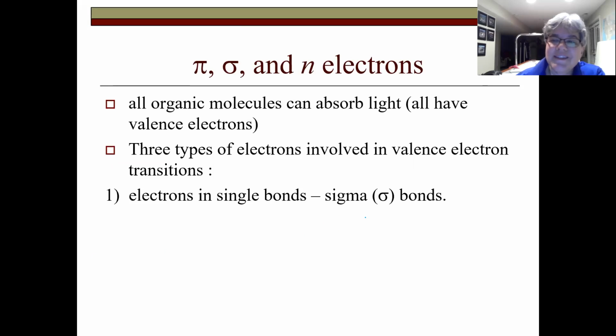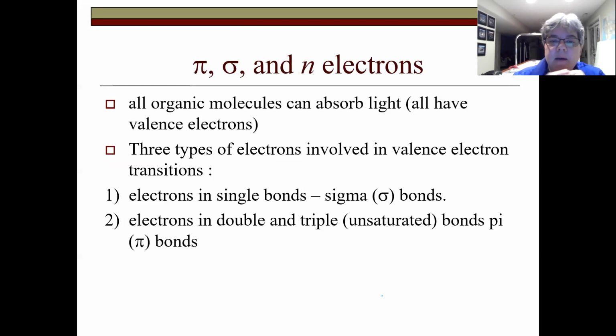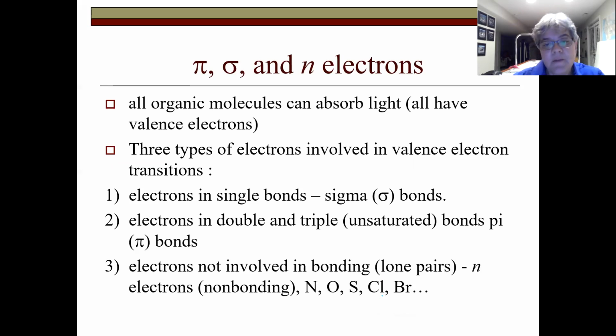So these are called sigma bonds. And then we can talk about electrons in double or triple bonds. These are called pi bonds. And then finally, we can talk about the electrons that are not involved in bonding, the lone pair. So these are the N electrons. These will be for molecules that have things like N or O or S, chlorine, all of these have that lone pair of electrons.